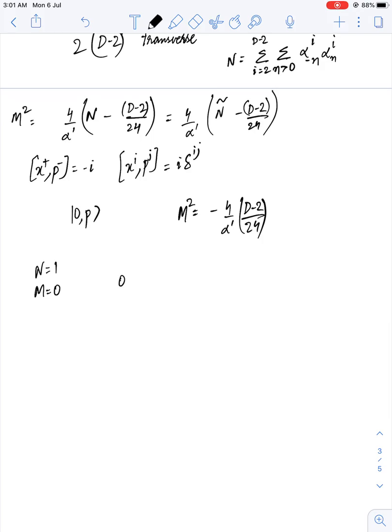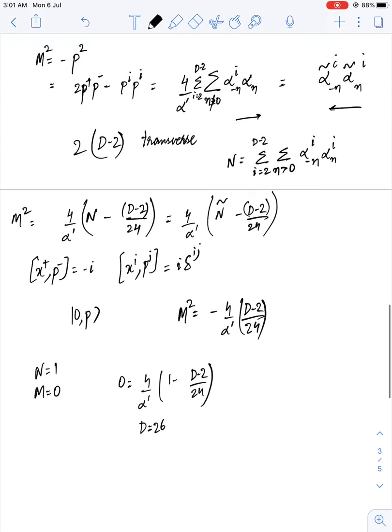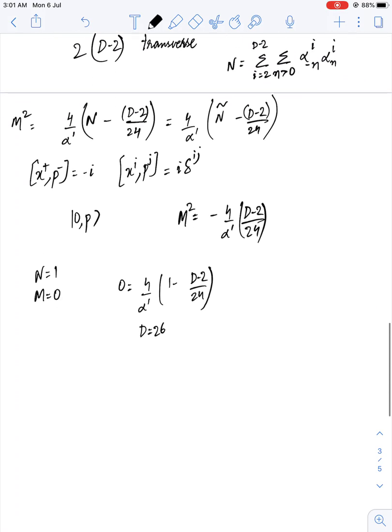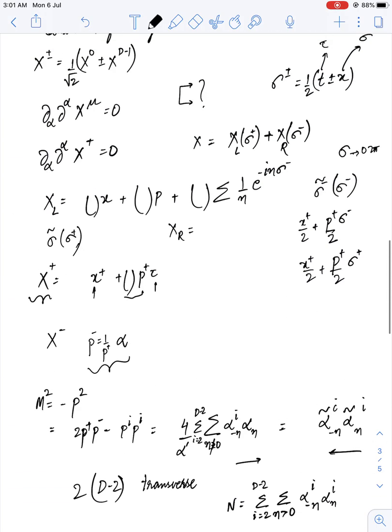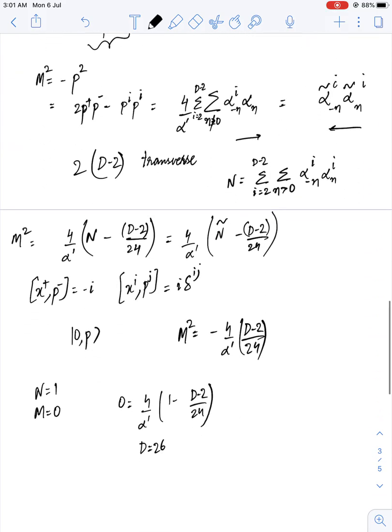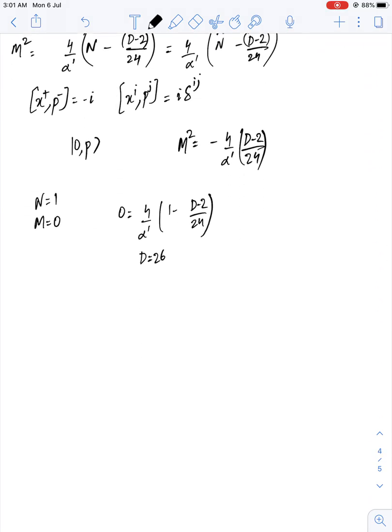So you solve this equation, you get d equal to 26. And there's still a problem, we don't know a. I will go and get it tomorrow. Did I mention a? No, it's not mentioned. Yeah, that's all I remember.